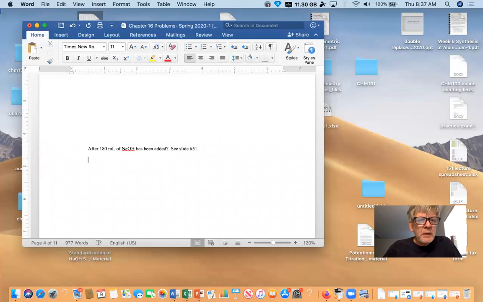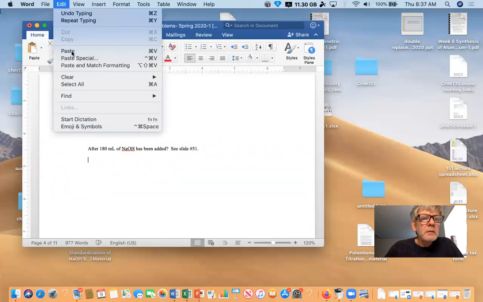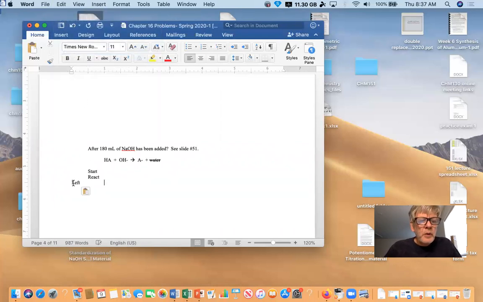So here on this one, when we do our start reaction left, we're going to find that we're left with OH minus and A minus. So we forget the A minus, it's a weak base.